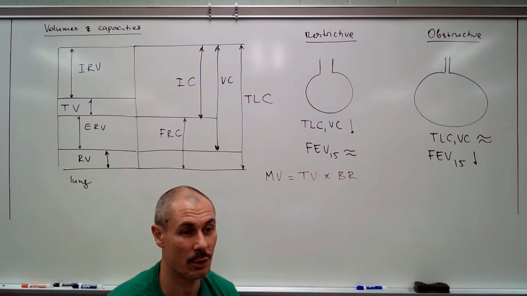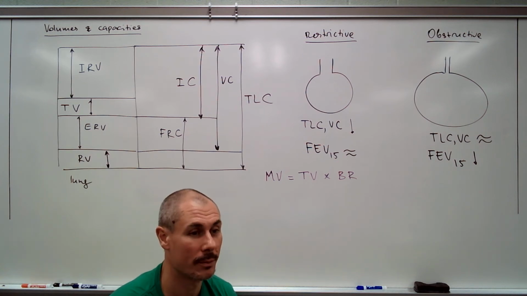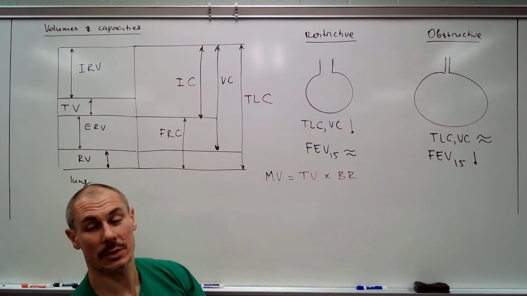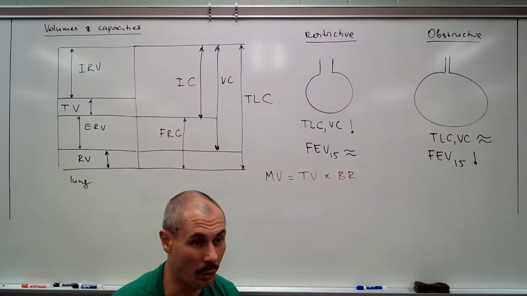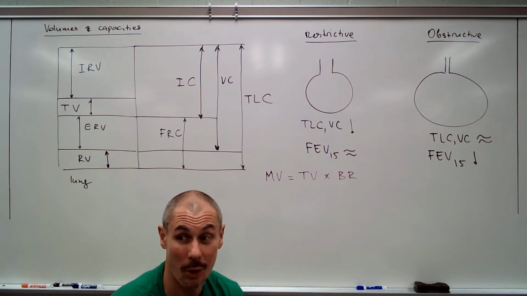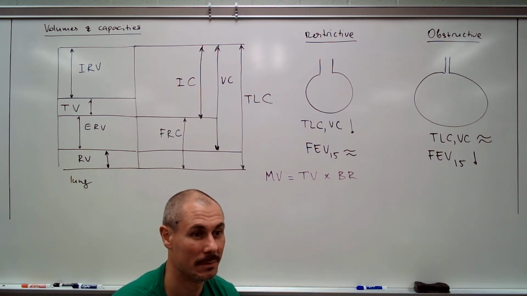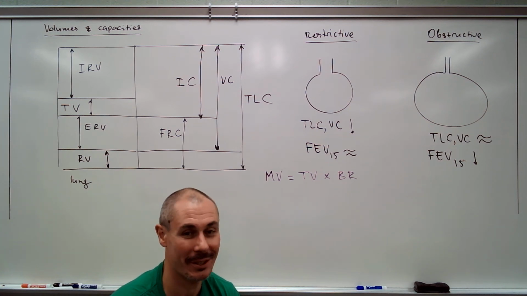Will all of that oxygen be available for the blood to pick up? In other words, out of this 500 mils, do all 500 mils go into the lungs? This is a trick question.